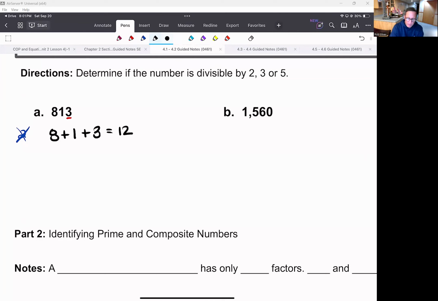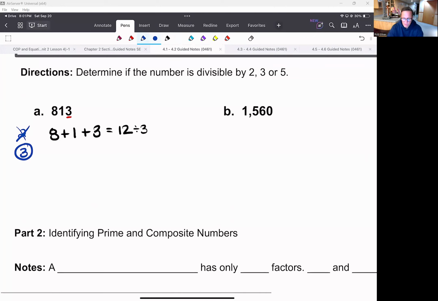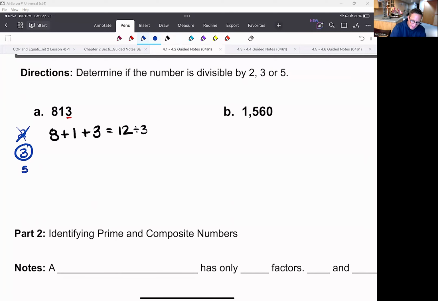Does 12 divide by 3 evenly? Yeah, it does. So 3 works. And we can definitely say that 5 is not divisible, because the last digit is not a 0 and it's not a 5.